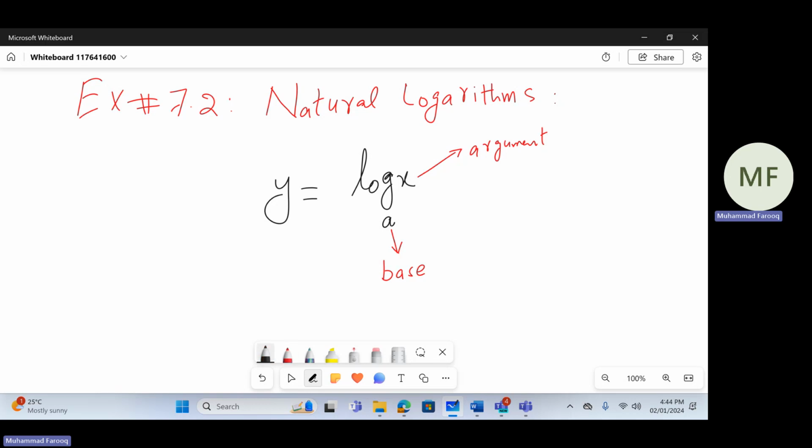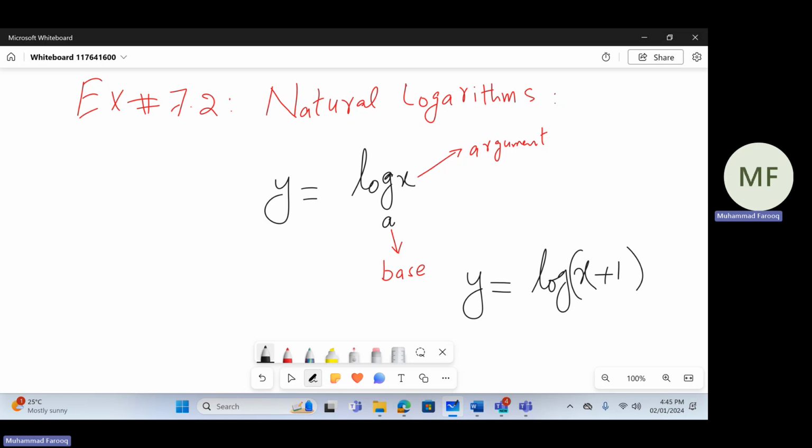So, for example, y is equal to log(x plus 1). If I ask you, what is the argument here? Very good. Base? There's no base mentioned. If there is no base mentioned, it is 10 by default. We have some questions like that, where they give you a log function without any base and you have to integrate.